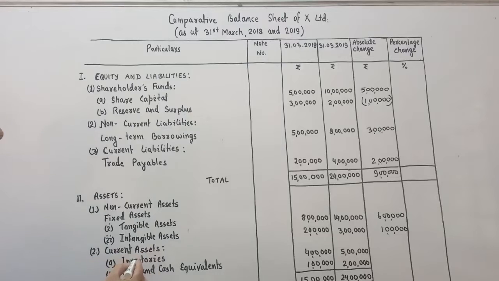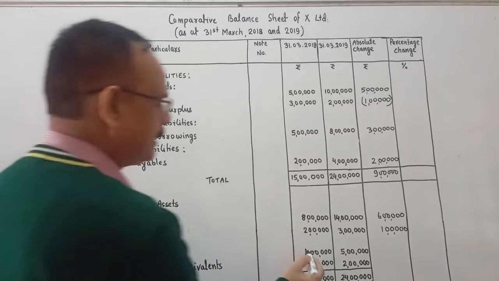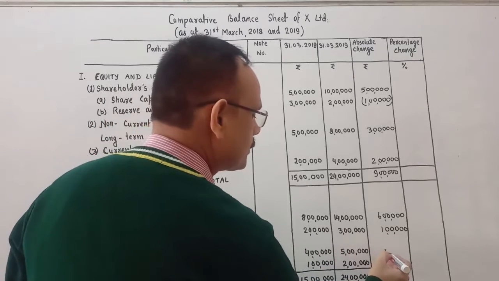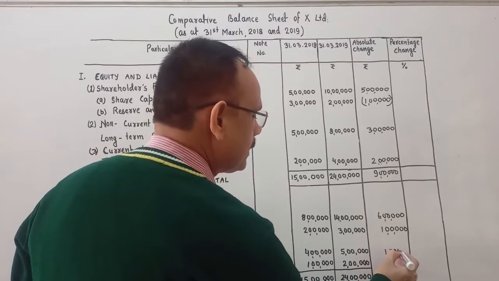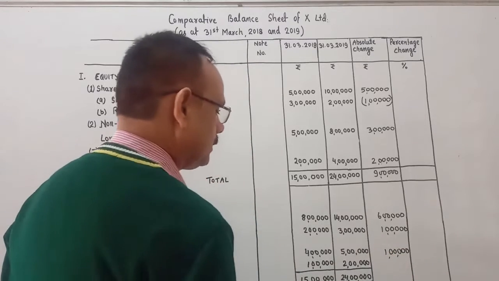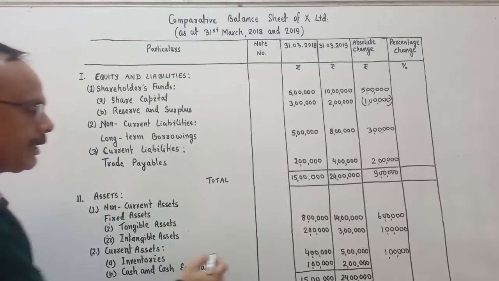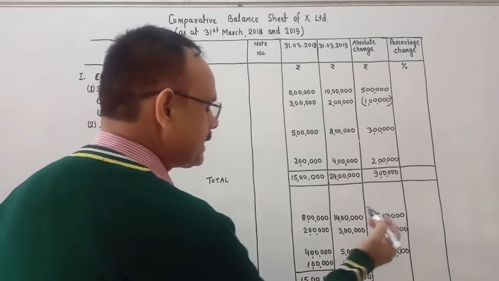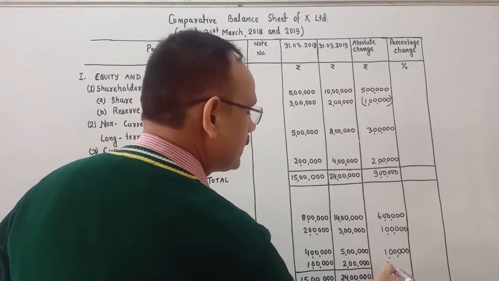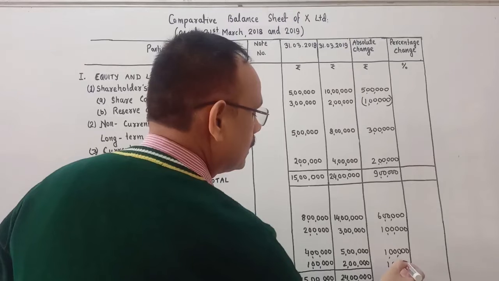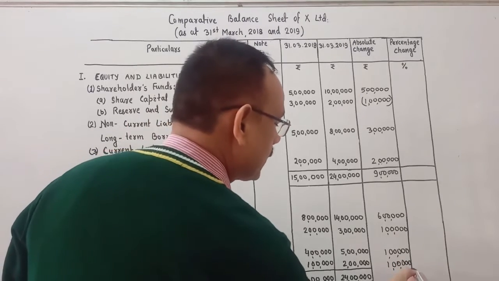Now, current assets, inventories. In 2018 it is 4 lakhs and in 2019 it is 5 lakhs. So, it is also increased by 1 lakh. Okay. Now, cash and cash equivalent, it is 1 lakh last year 2018 and in 2019 it is 2 lakhs. So, it is also increased by 1 lakh.